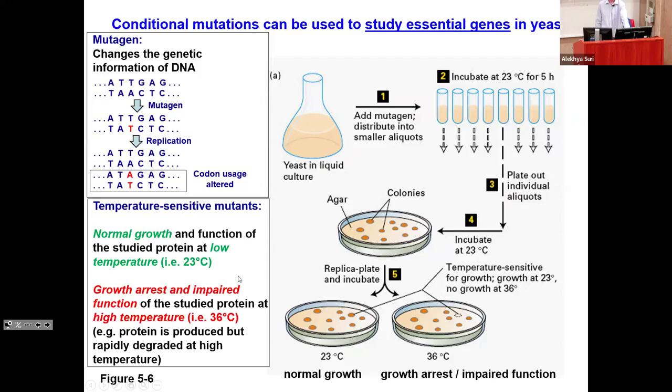You would see at room temperature one colony would grow, but at high temperatures the same colony would not grow here. You can see, with this pointer, one colony would not result in growth. So in this example, we have a temperature-sensitive mutant that grows at room temperature, but not at high temperature.